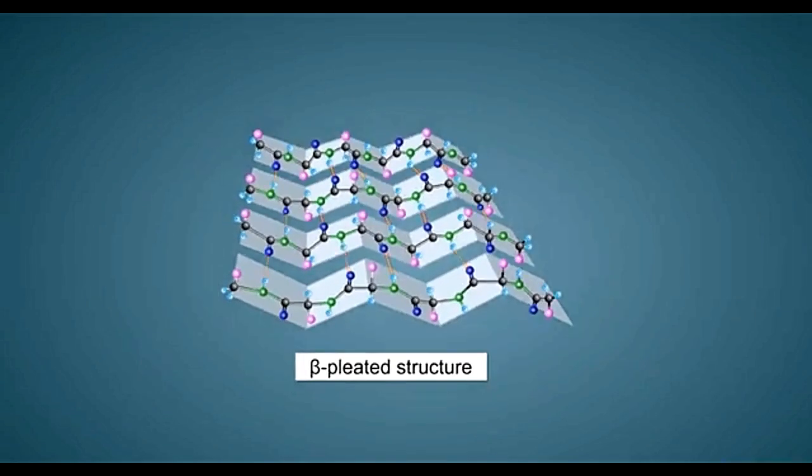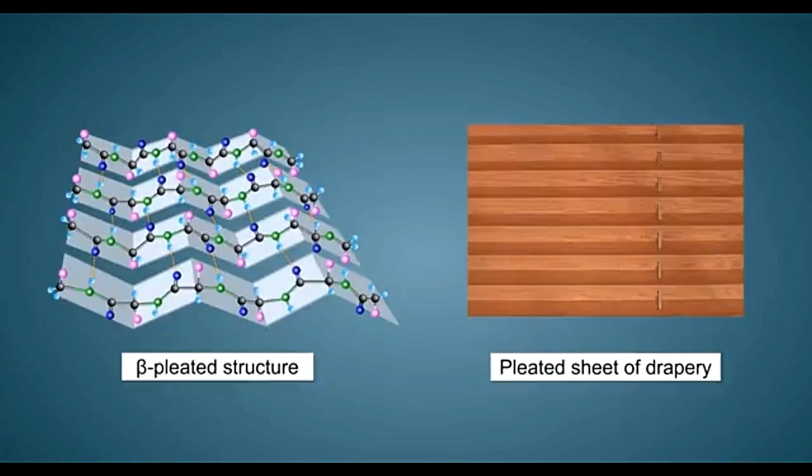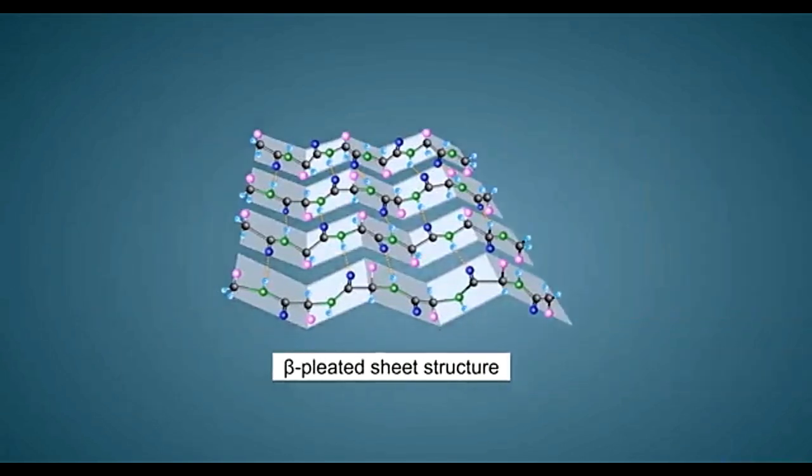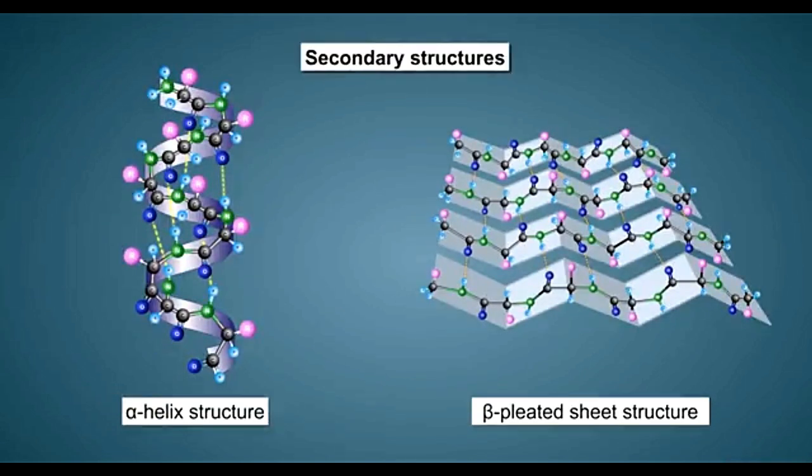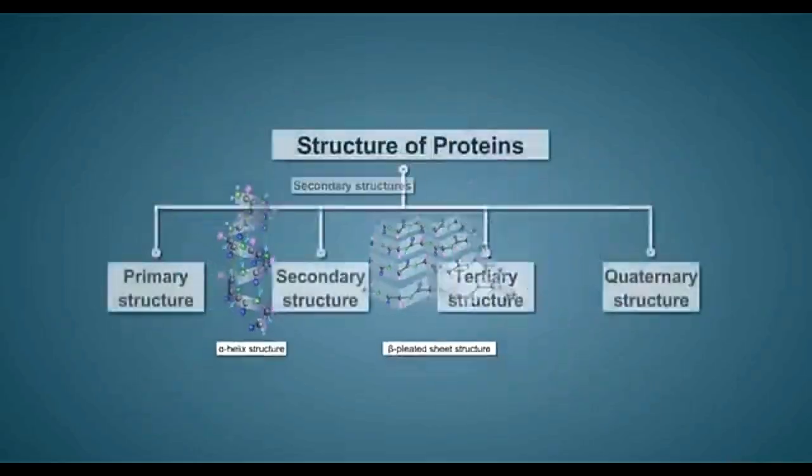This structure looks similar to the pleated folds of drapery. Therefore, it is known as the beta-pleated sheet structure. So, the alpha helix structure and the beta-pleated sheet structure represent two different types of secondary structures of proteins.